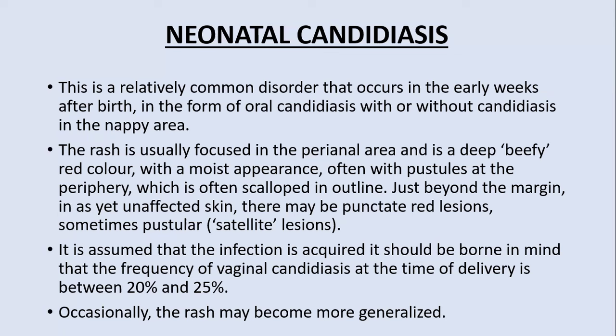The rash in the perianal area is deep beefy red with a moist appearance, and often pustules are seen at the periphery, having a scalloped outline. The papules spread beyond the margin and may be punctate red lesions, sometimes pustular, and these are called satellite lesions. It is assumed that infection is acquired.